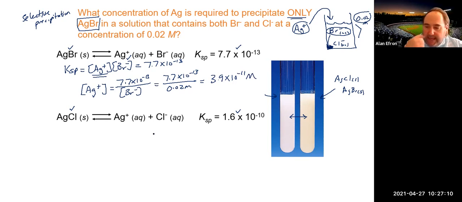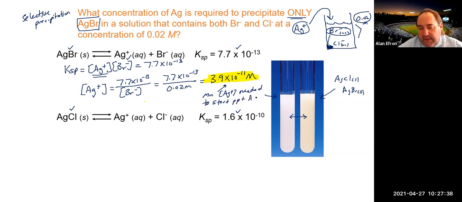So what does that number actually represent here for our silver bromide? Well, that number is the minimum concentration of silver needed to start precipitating silver bromide.